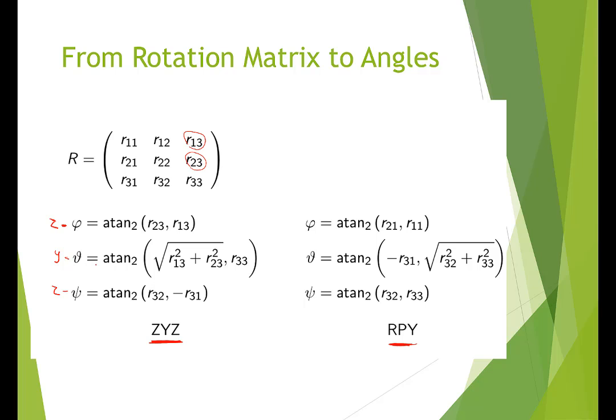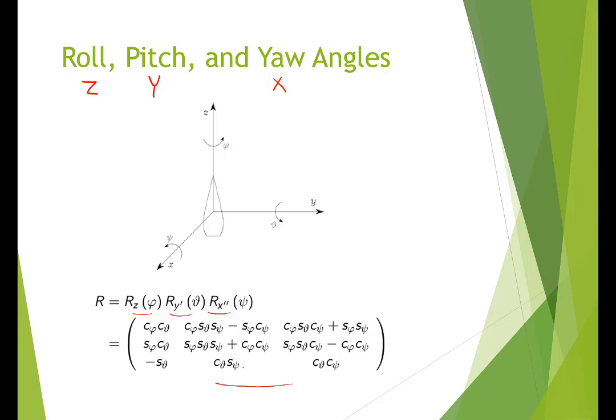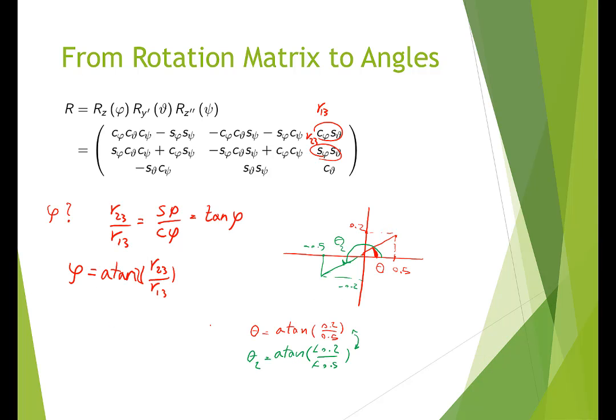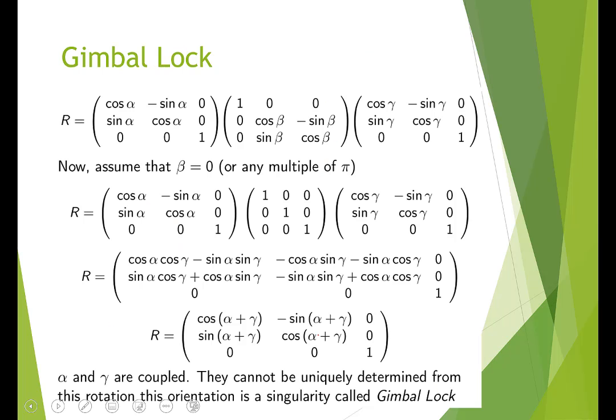Now, if the rotation matrix was developed using the roll-pitch-yaw guideline, it would be a bit different because the rotation matrix would be different itself. But if we stick to Euler guidelines, we can always use this equation. One major problem that would rapidly show itself is called the gimbal lock situation.